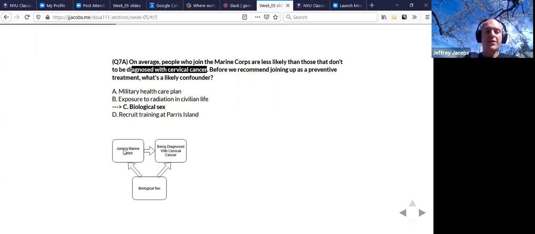In other words, we're making stories. For each of these, you plug it into the confounder slot in the diagram and think: is there a feasible story of how this particular variable could affect both the independent and dependent variable in my theory?